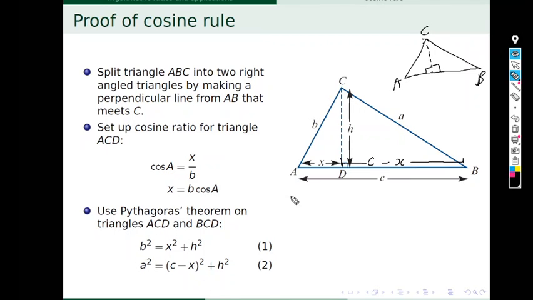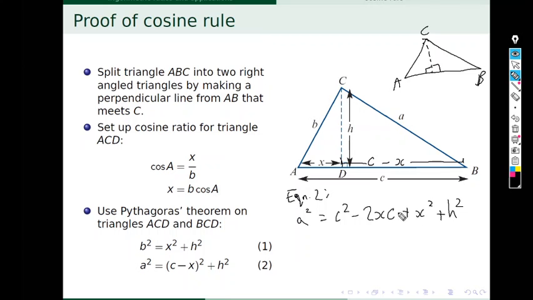In terms of doing the rest of the proof, it's just a matter of expanding out this second equation. So if I get equation 2 there and expand it, I'd get a squared is equal to c squared, take away 2xc, plus x squared plus h squared.